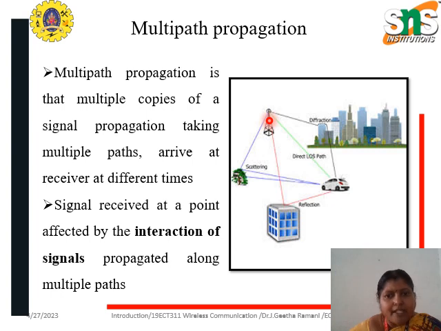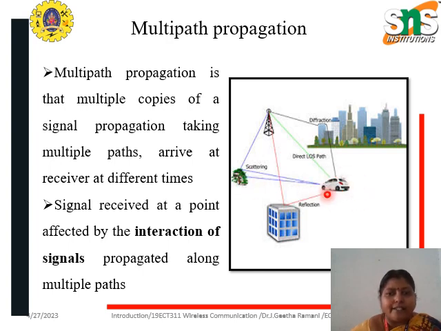It may hit a smooth surface where it is reflected back, or it may hit the top edges of high buildings where it may be diffracted, and there is some possibility of a line of sight, and sometimes it may hit trees where a scattering effect will take place.